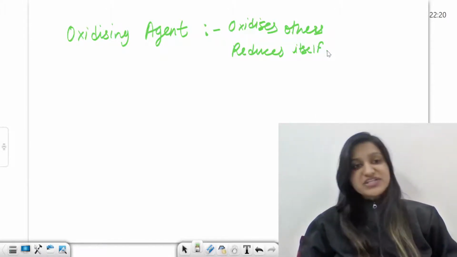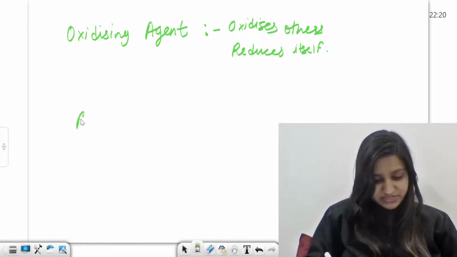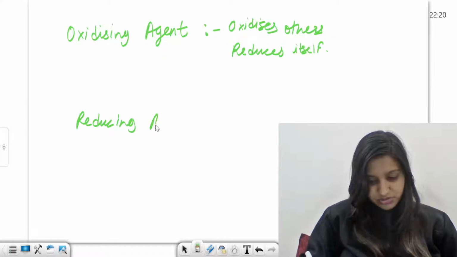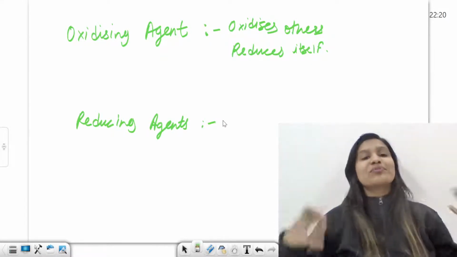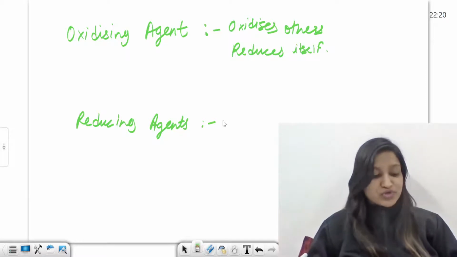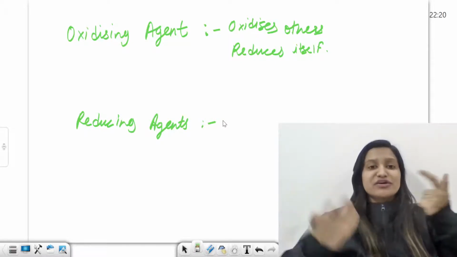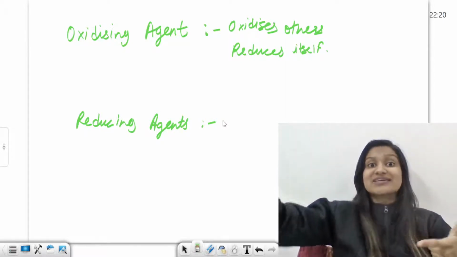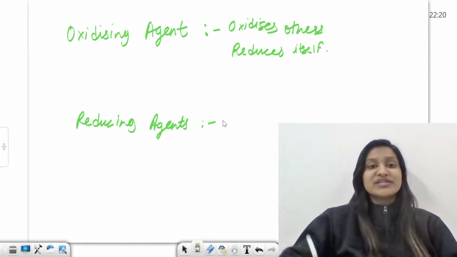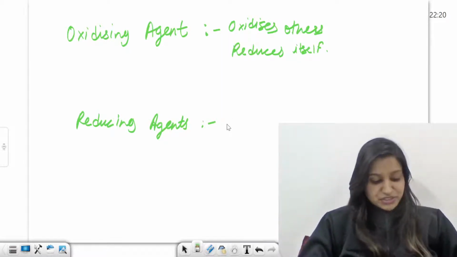Now, if we talk about reducing agents, take a moment and think, what would a reducing agent do? A reducing agent will reduce others.